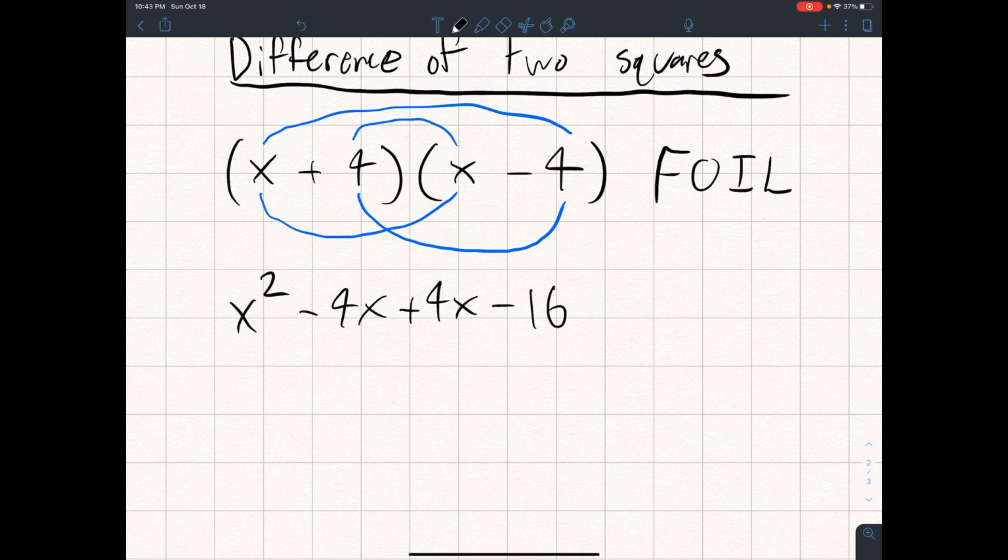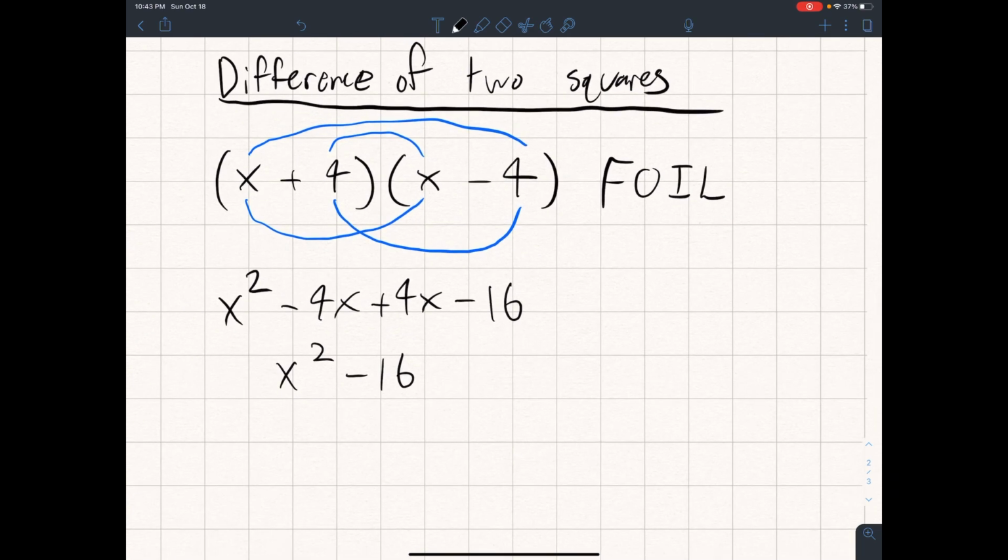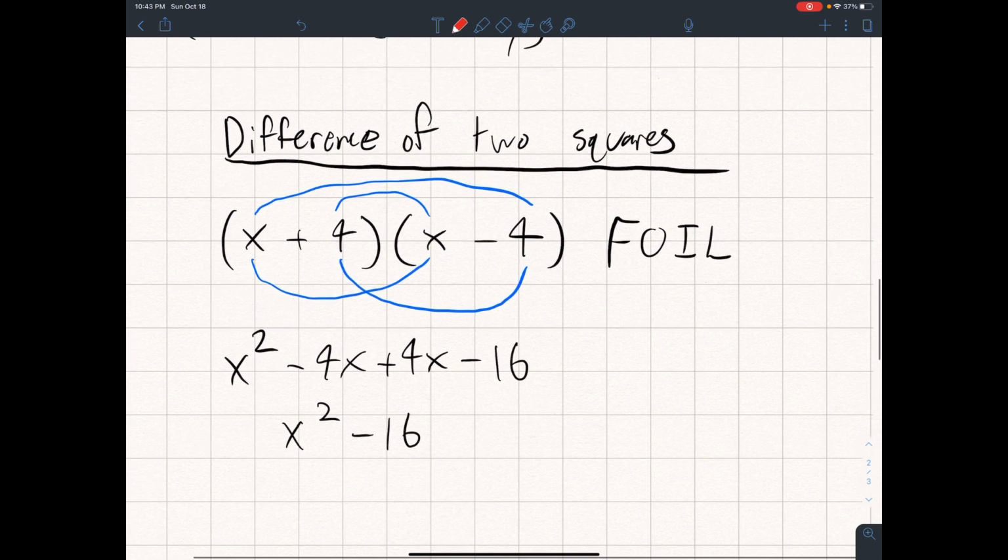Now, the reason why this is so special is because my minus 4x and my positive 4x obviously reduce down to 0, and I'm left with x squared minus 16. And this is where the name difference of two squares comes in, because actually, it's missing a word that, honestly, I think we should keep in.